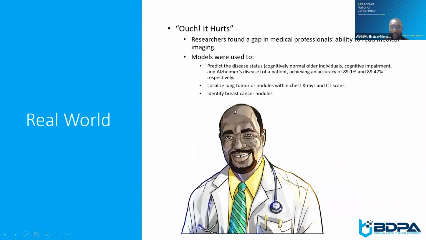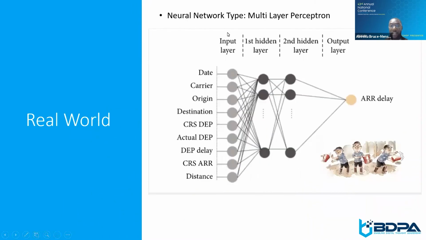So a hidden layer, I guess I didn't go over that, is just the things that are in between the input layer and the output layer. These hidden layers are what make it possible for complex nonlinear data types to be processed in a neural network. If you didn't have these, you would not be able to process nonlinear data.